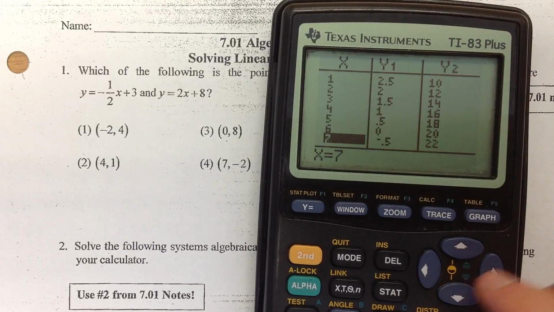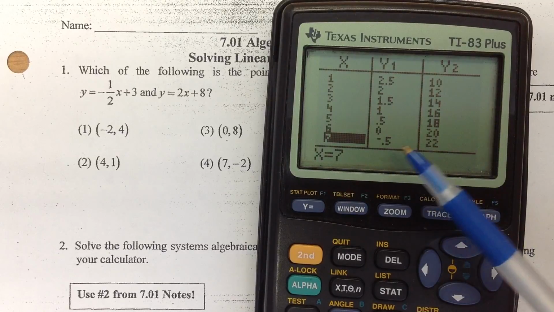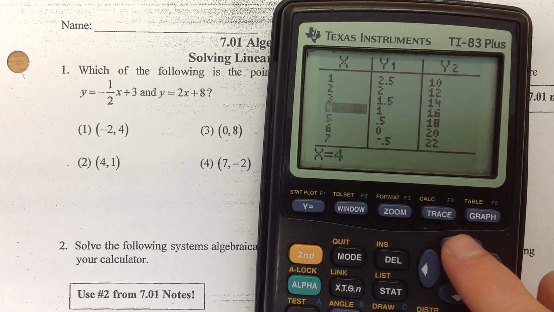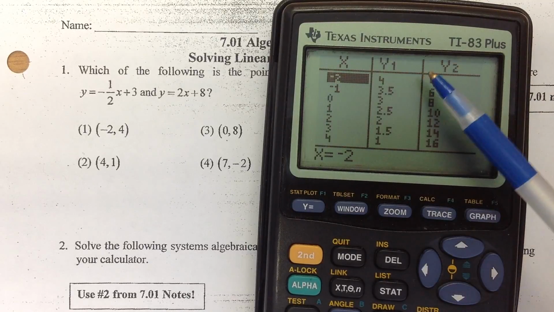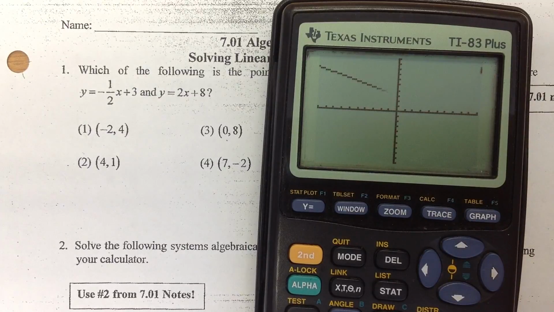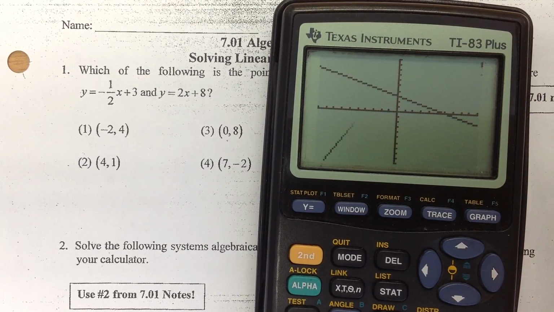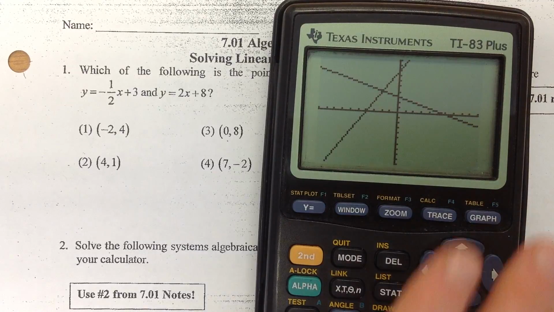When I go to 7, neither of the equations is negative 2, so that one's totally wrong. Basically, we're just looking for the point that the two lines share, and that would be negative 2 and 4, the first choice. And again, if you hit the graph button, you can see that our lines intersect at negative 2 comma 4.